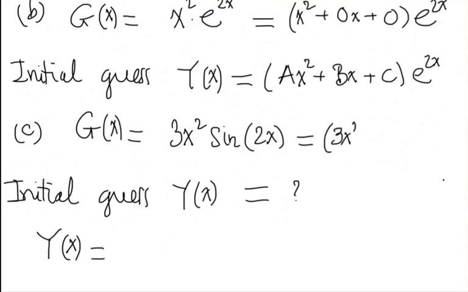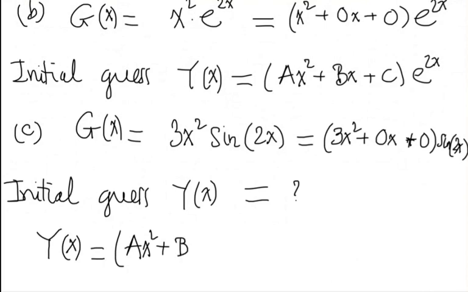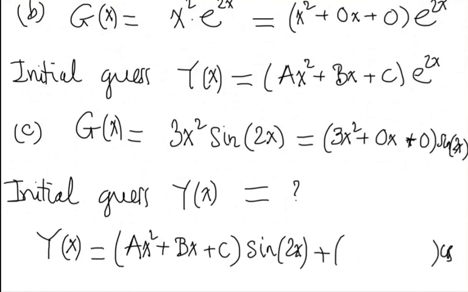We need to fill in the other terms with coefficient 0. So we would have (a x squared plus b x plus c) sine of 2x. But because of sine, we should have the companion cosine with the same format. So over here it should be (d x squared plus e x plus f) cosine of 2x.